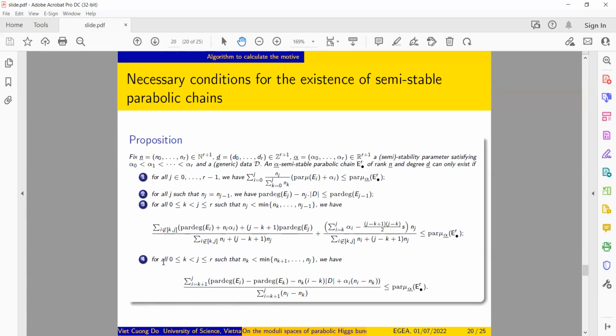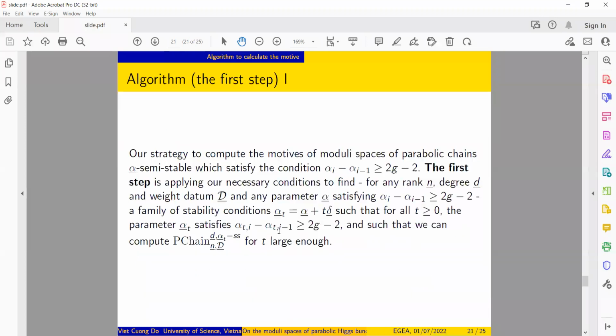Okay. So now I can move to our algorithm. Here, in the first step, you know that when alpha is stable, we want to do our calculation on holomorphic Pareto chains with some original stability condition, modified by alpha semi-stable.